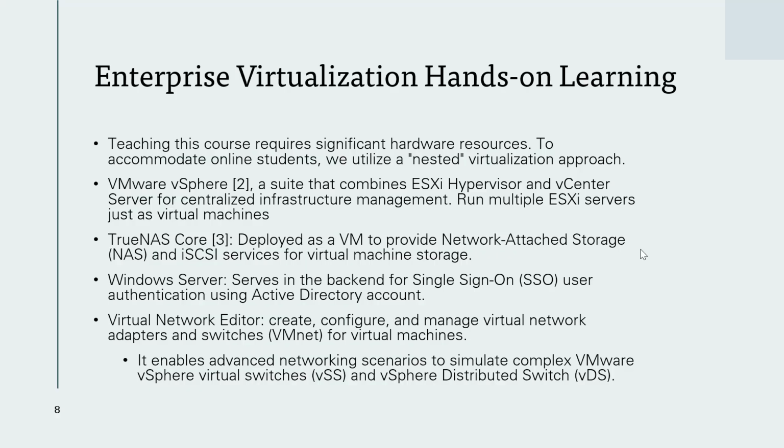For user authentication, we can use Windows Server as a virtual machine to provide single sign-on user authentication using Active Directory accounts. To create the multiple virtual networks, we can use the VMware Workstation Pro Virtual Network Editor.